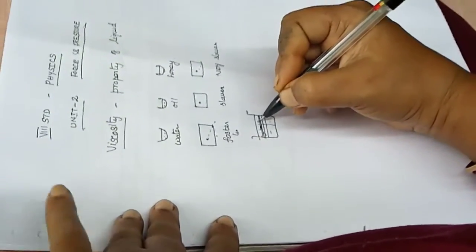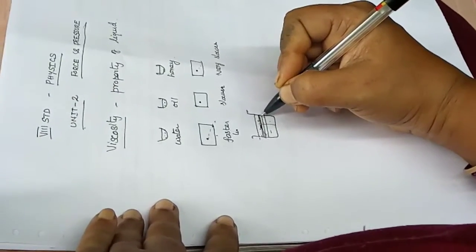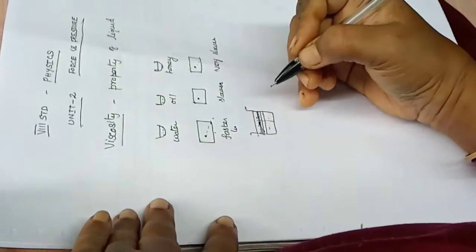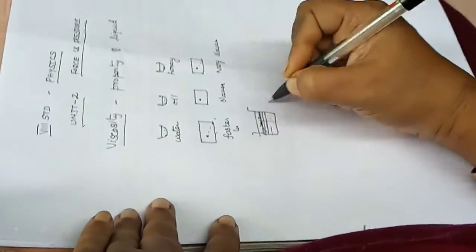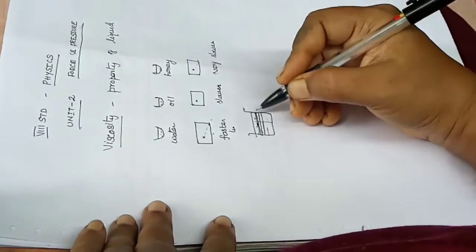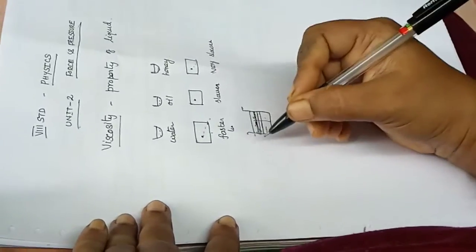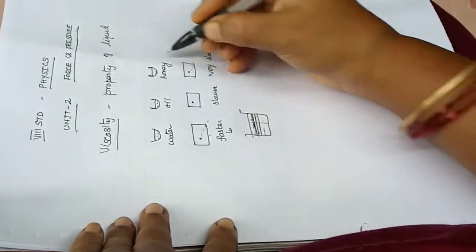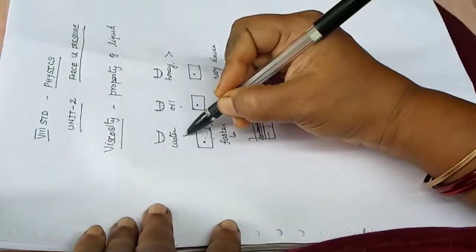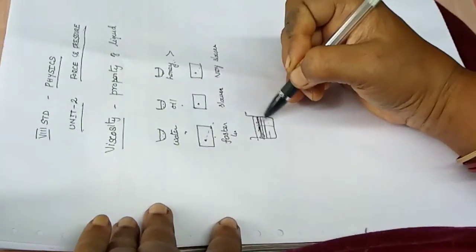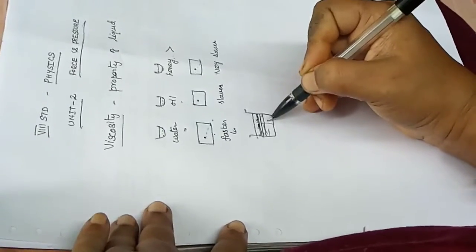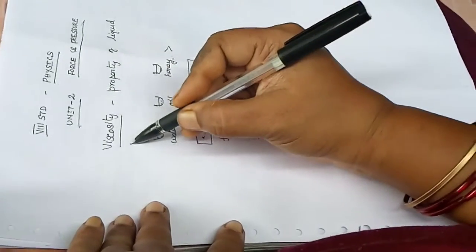But the force between the layers of oil is much greater. This frictional force between the layers differs for different liquids, that's why it takes time. So viscosity is very high in honey, then oil, and then water. This frictional force between the layers of a liquid is what we call viscosity.